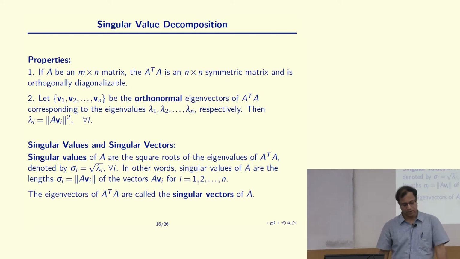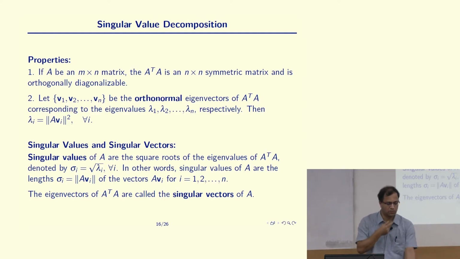Now, the second property is very important. If v1, v2, vn are orthonormal eigenvectors of A transpose A corresponding to eigenvalues say lambda 1, lambda 2, lambda n, then lambda i is the square of the length of the vector A vi. How to check that?